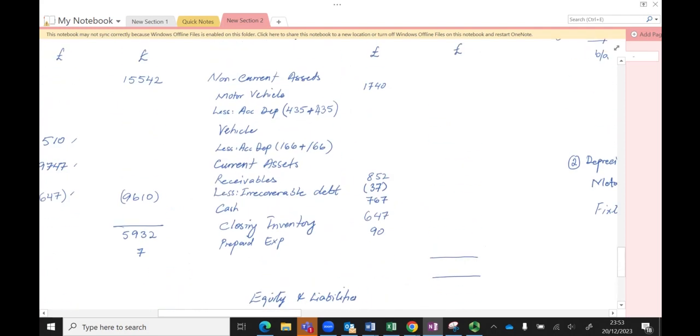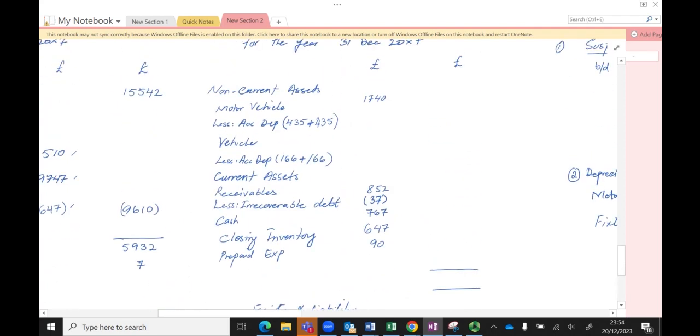Now let's go up. Let's add the accumulated depreciation 870. That needs to be subtracted.